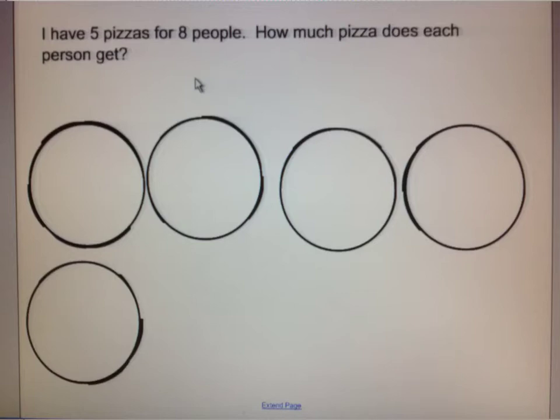Right? So we're going to take those 5 pizzas and we're going to divide them into 8 groups. I have 8 people. I'm going to divide that into 8 groups and see how much lands in each group.